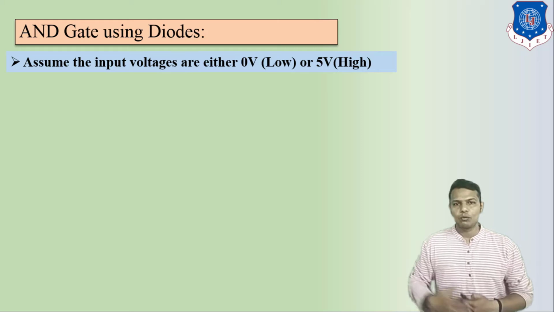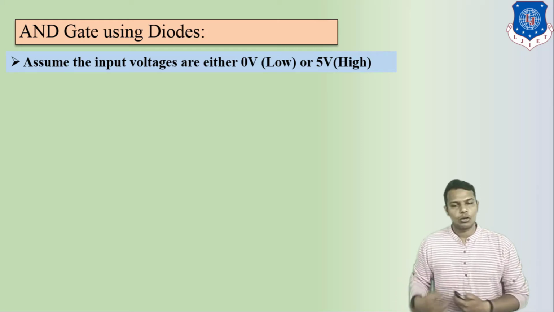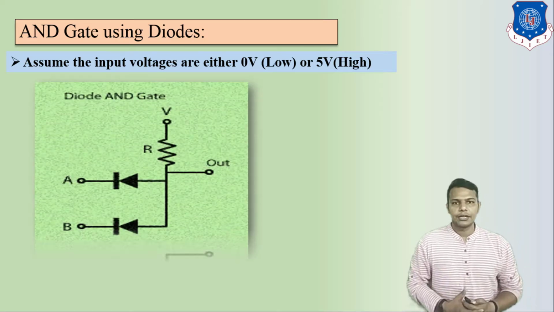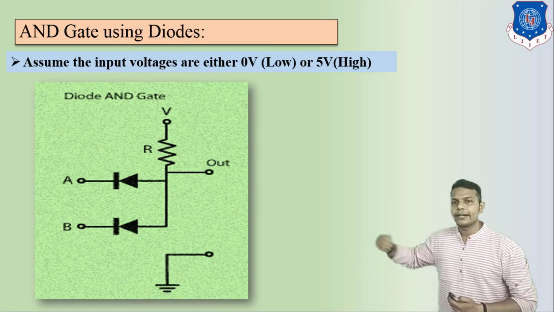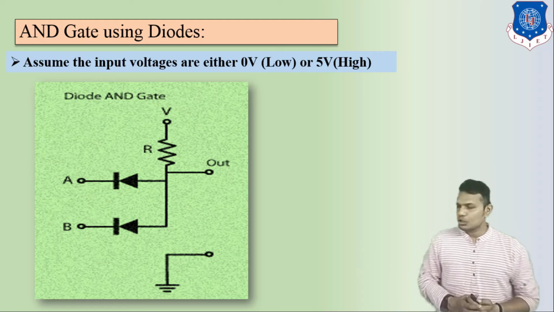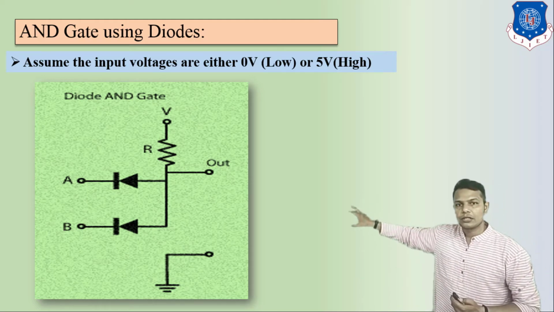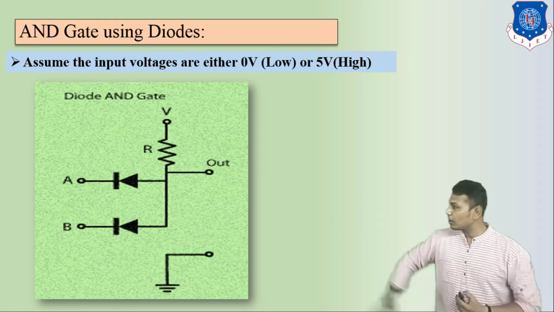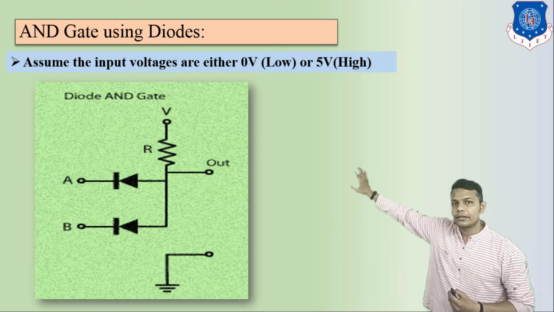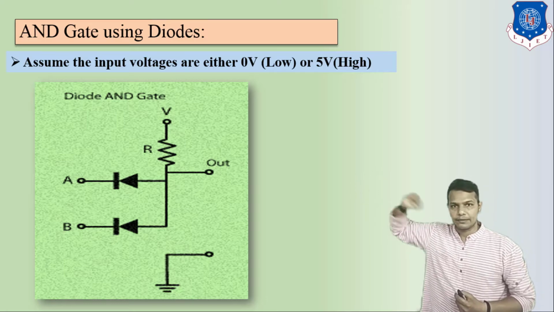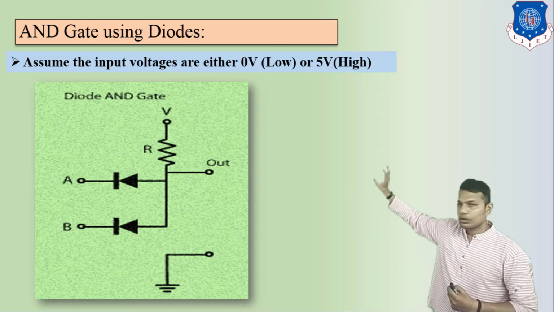Assume the input voltages are either 0 volt, low, or logic 0, or 5 volt, high, that means logic 1. Here we can see the circuit diagram of the AND gate using diodes. There are two diodes in this circuit diagram. Above we can see plus V, or plus VCC, which is your power supply.